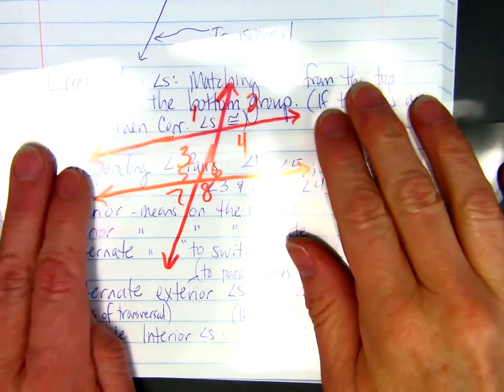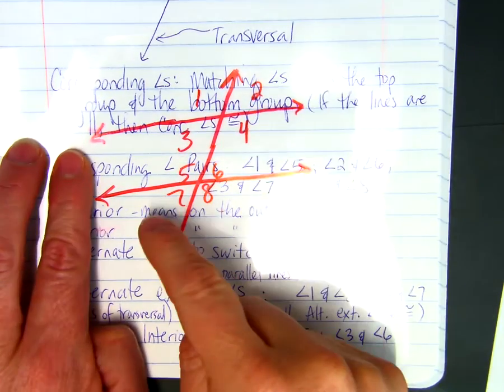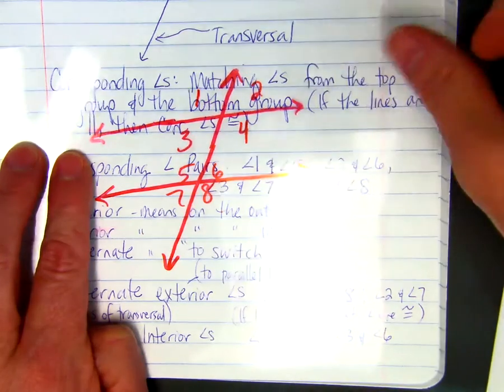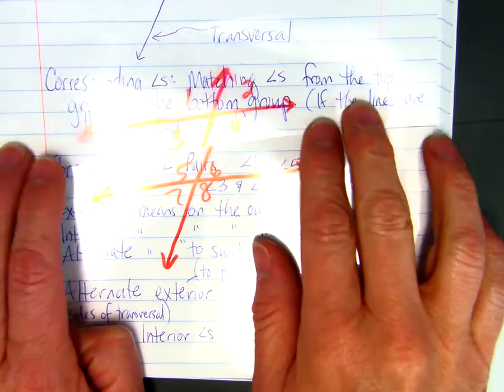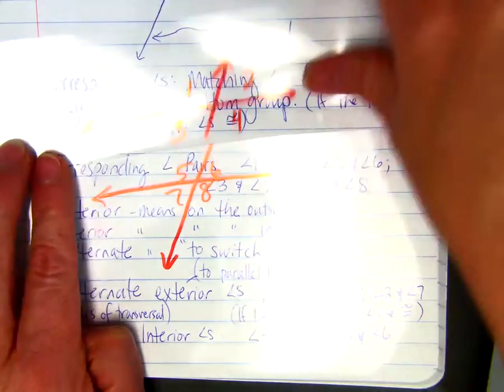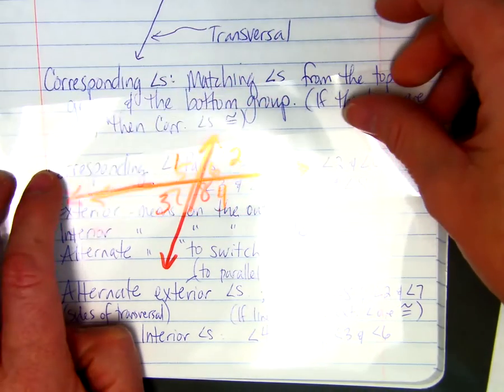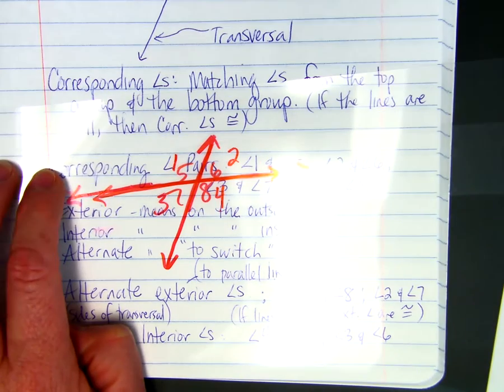If I move this back up here, you see you have the alternate exterior angles. For the alternate interior angles, 4 and 5, if I come down like this, 4 and 5 are vertical angles.